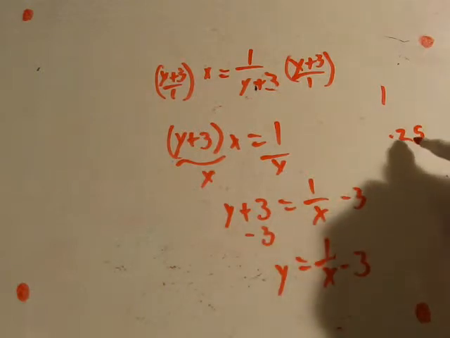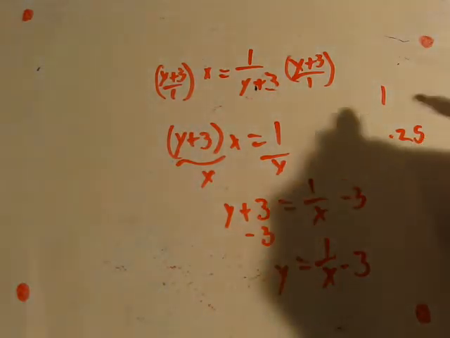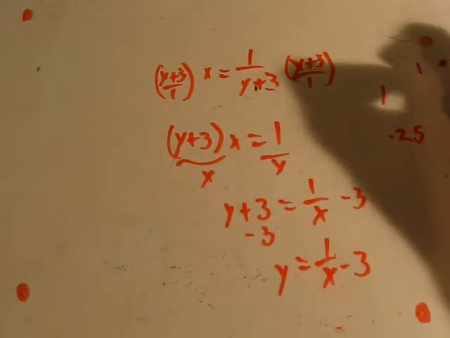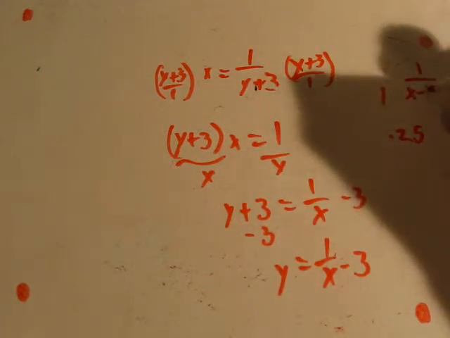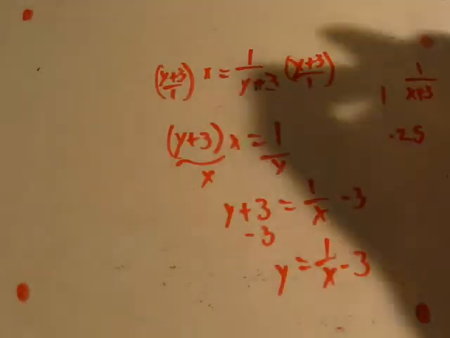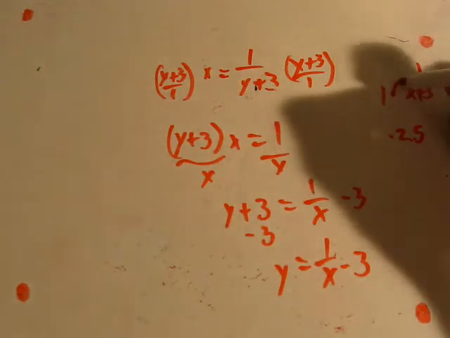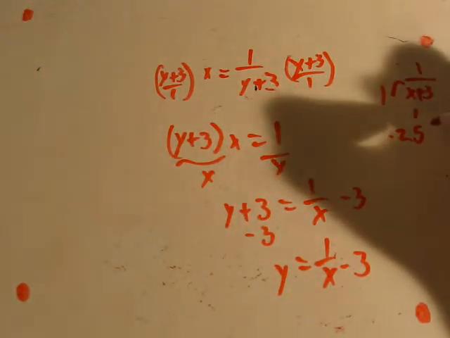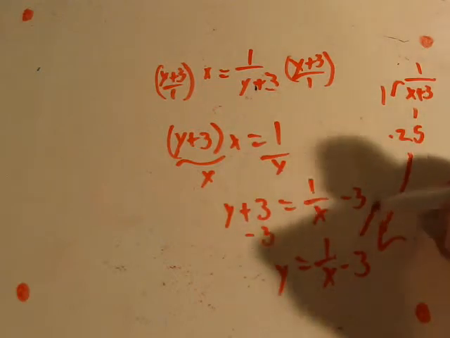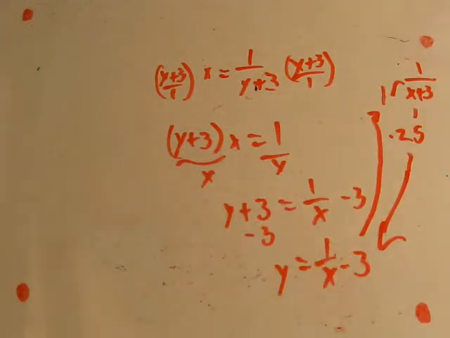But to get 0.25, I plugged 1 into the original function, which was 1 over x plus 3. So there you go. This into this created this. This into this creates this. It does the inverse of what the original function was.